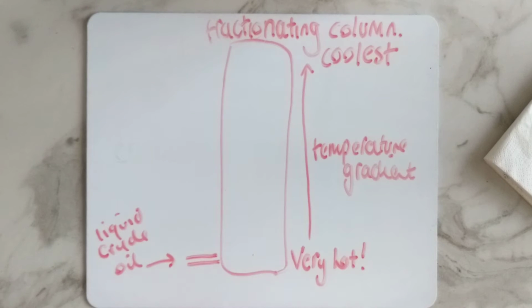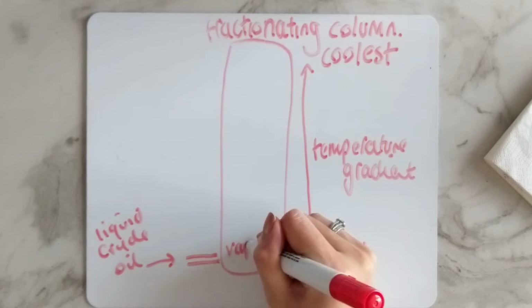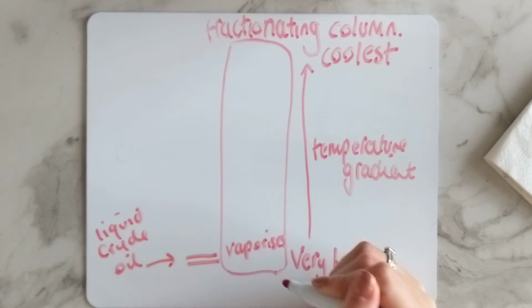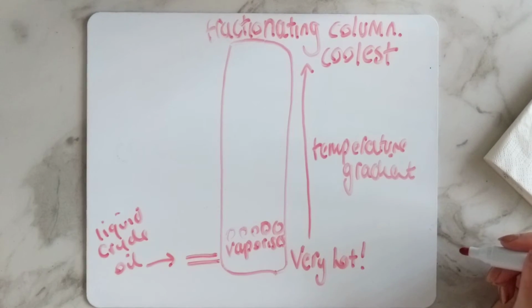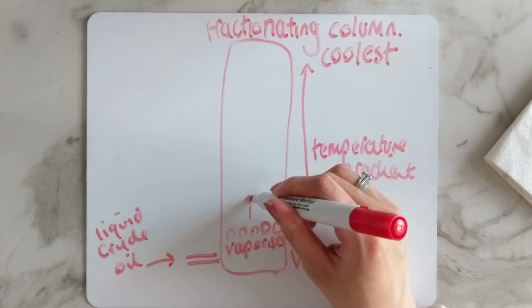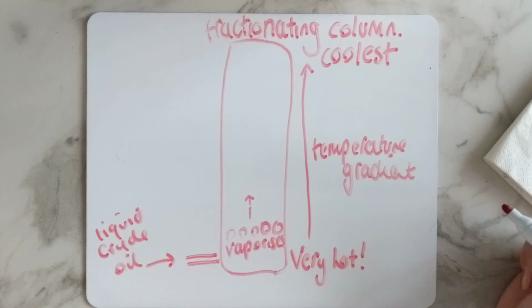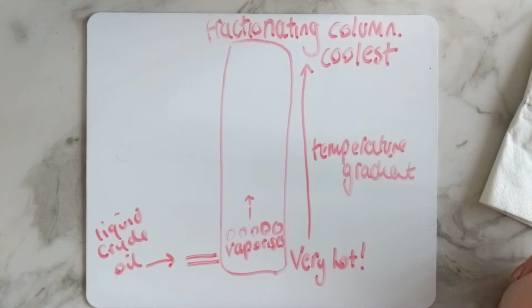Because it's so hot at the bottom of the column, the crude oil vaporizes, which means it turns into a gas. Gases are less dense, so they rise. So the crude oil mixture, which is now a gas, begins to rise. Let's say one thing in our mixture is diesel.